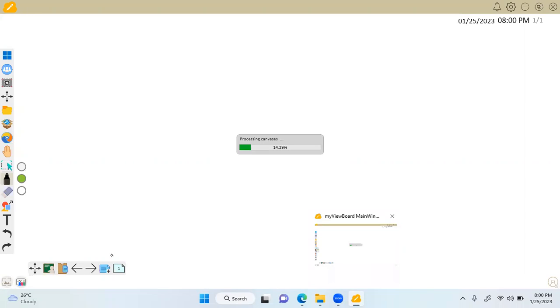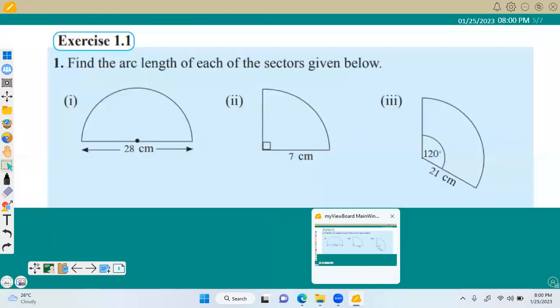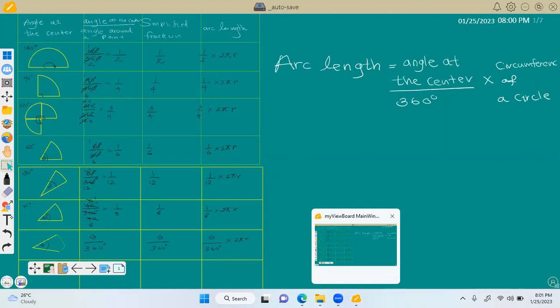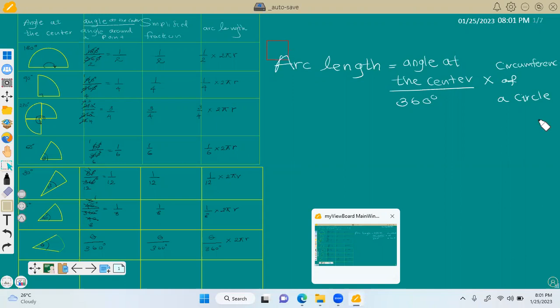Please give me 1 second, okay? Okay, if any of you haven't written anything, please write down. Okay, under the table, please write down this one.